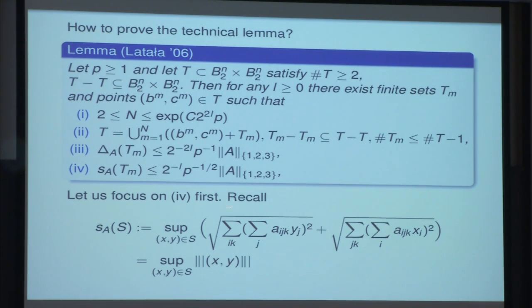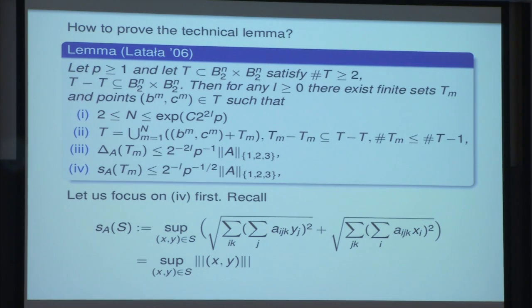So what was 4? SA of a set S was something like that. When you look at this quantity under the supremum, this is some sort of a norm of the point xy. Well, this is a norm. I denote it by these triple bars.